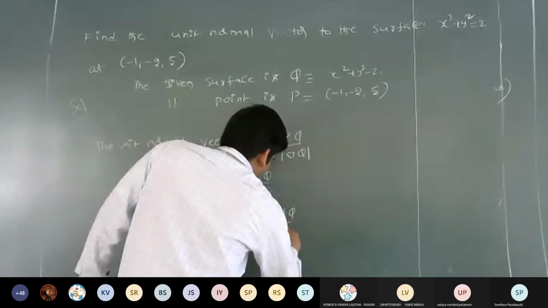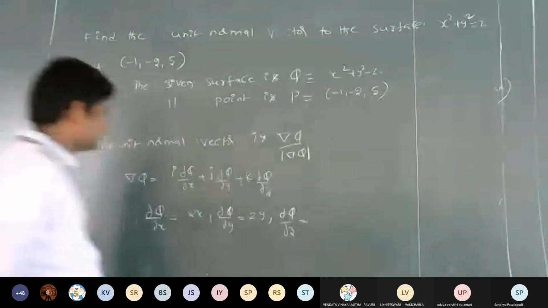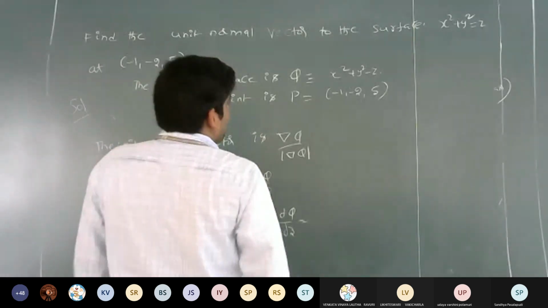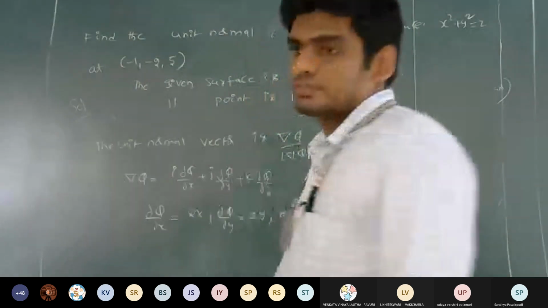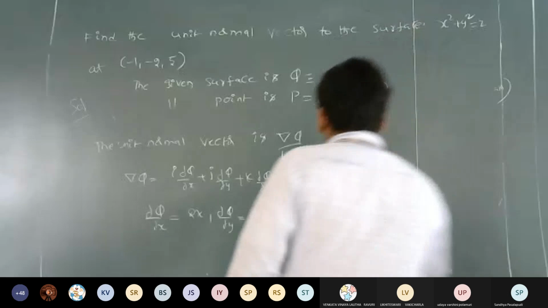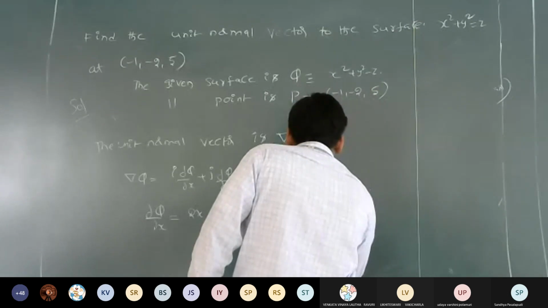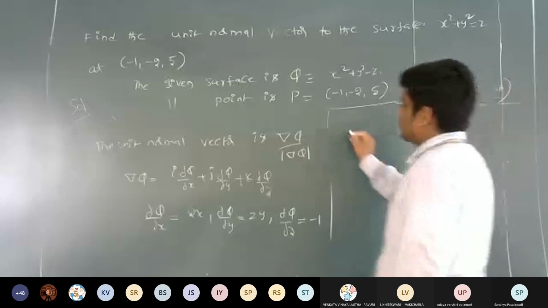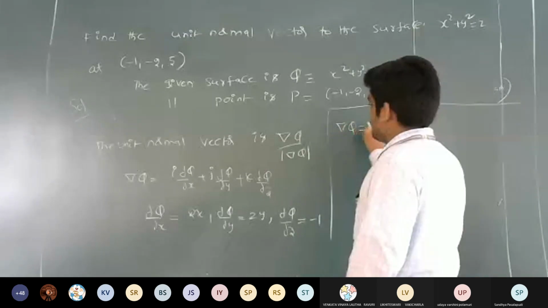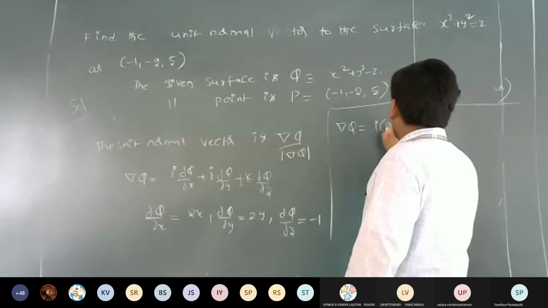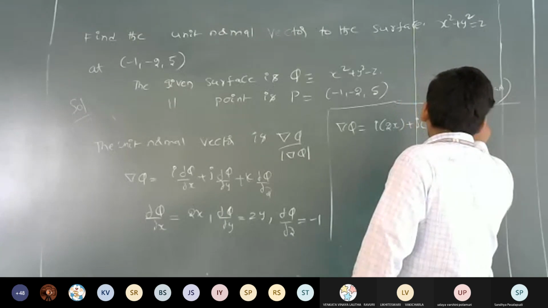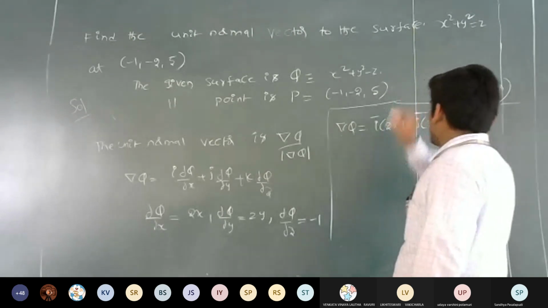Next, what is the value of dou phi by dou z? 1 or minus 1? Minus 1. Yes, so minus is also very important. Therefore, del phi is equal to i into 2x plus j into 2y minus k bar.